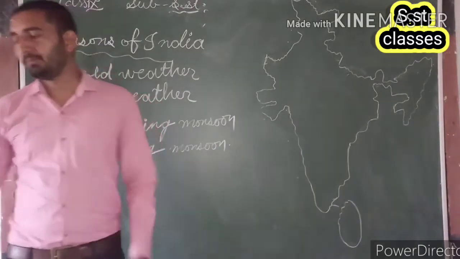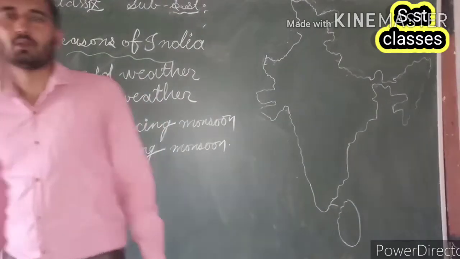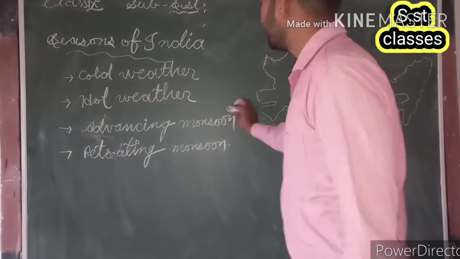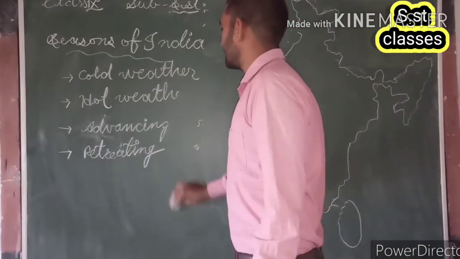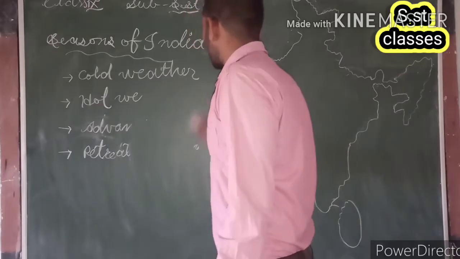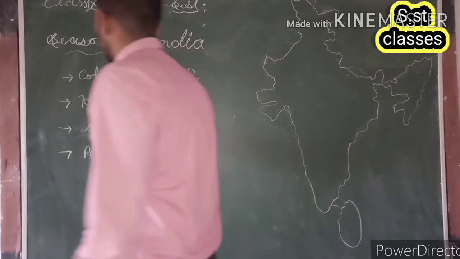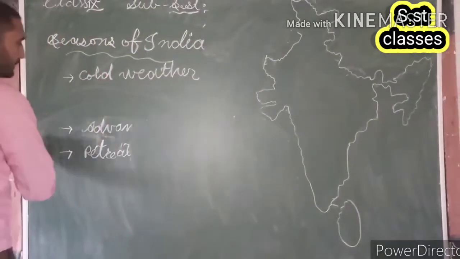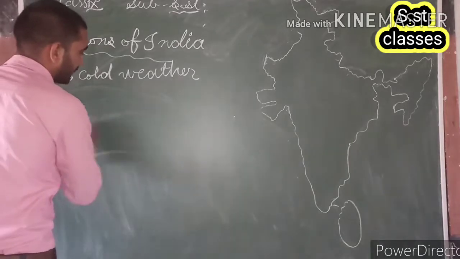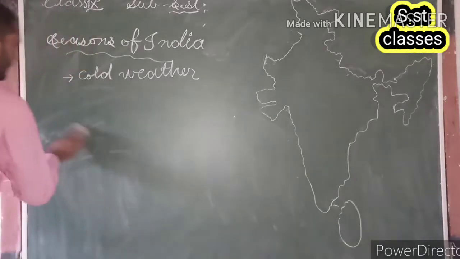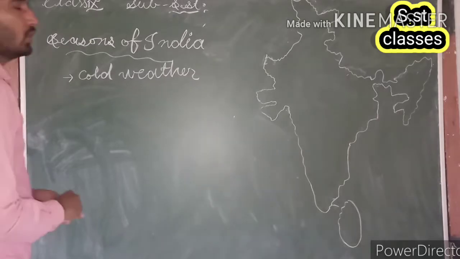So first of all, here we are going to discuss the cold weather season in India, meaning which kind of temperature conditions and atmospheric pressure conditions we find during the cold weather season.